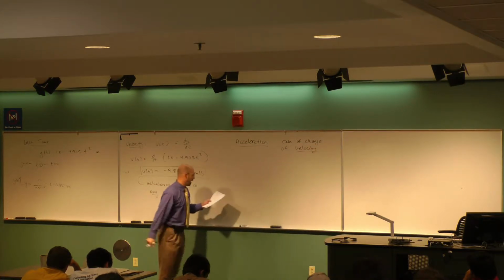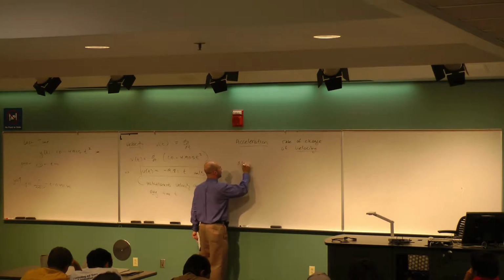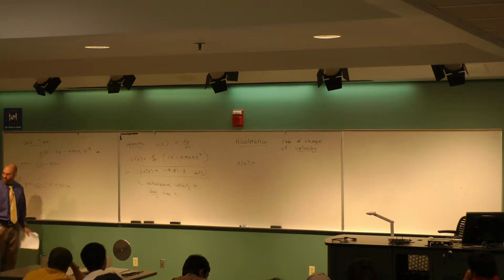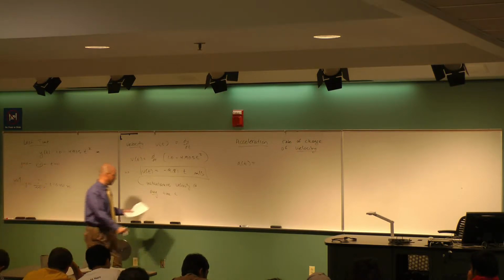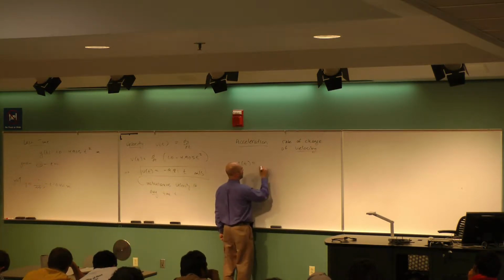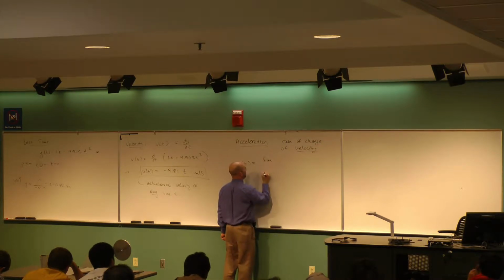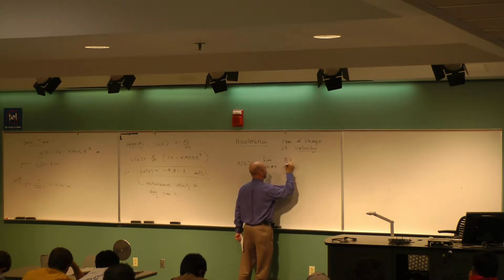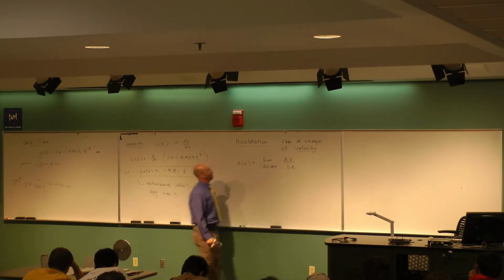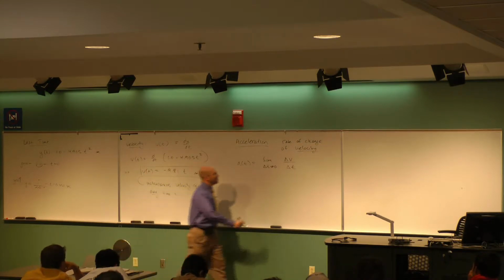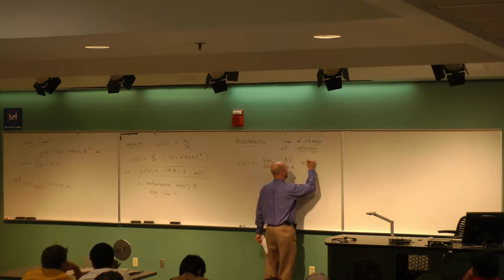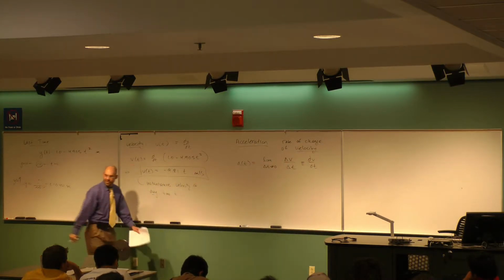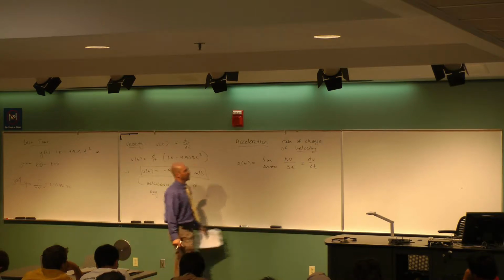Acceleration is to velocity the same way velocity is to position. So acceleration would be the limit as delta t approaches 0 of a change in velocity divided by the change in time. Again, by definition, this is dv dt. If I have the velocity v, this is the derivative of v with respect to time.